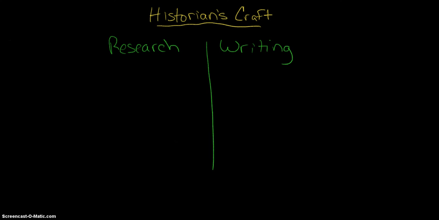Now, the skills can really be broken down into two main categories. So I'm just going to split this right down the middle. On the one side, we have research skills, and on the other side, we have our writing skills. Both are very much interconnected with one another. You can't have research without writing, and you can't have writing without research.